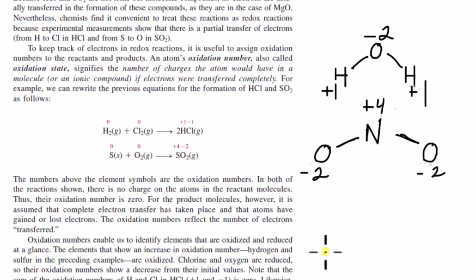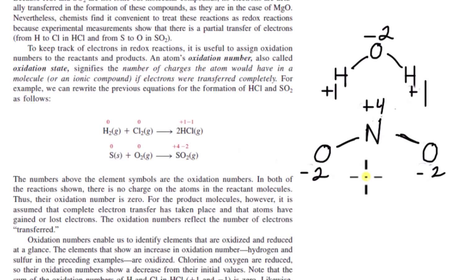Okay, and you might be a little confused, thinking: if this is much less polar than H2O, then how are you assigning a full charge as an oxidation number here? Well, the reason the polarity of the molecule doesn't matter with respect to oxidation numbers is the whole purpose of oxidation numbers.